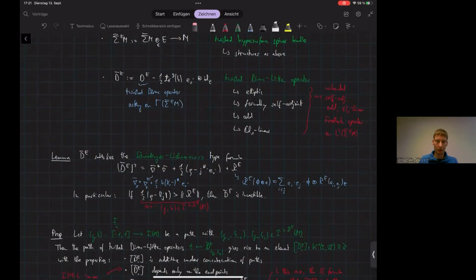And one central thing that he uses about this Dirac-Witten operator is that it satisfies a certain Schrödinger-Lichnerowicz type formula. So typically these formulas look as follows. You have the square of the Dirac operator or the Dirac-Witten operator on one hand side, and then you have the connection Laplacian on the other side, and then you have some curvature term.